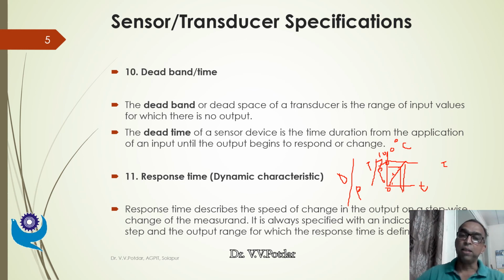There is a parameter called rise time. The time required for the transducer to rise to the final value, that is 100 degrees Celsius, for the first time, is called rise time. Now what happens practically is that it will take some time and it will not settle. The temperature shown by the thermometer does not settle at 100 degrees Celsius instantaneously.